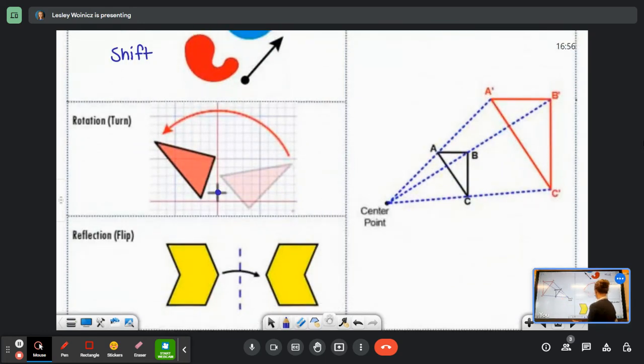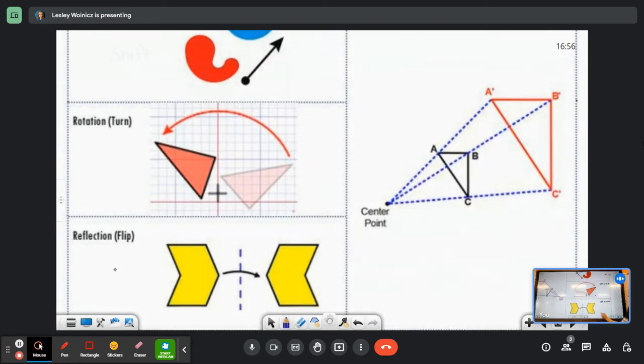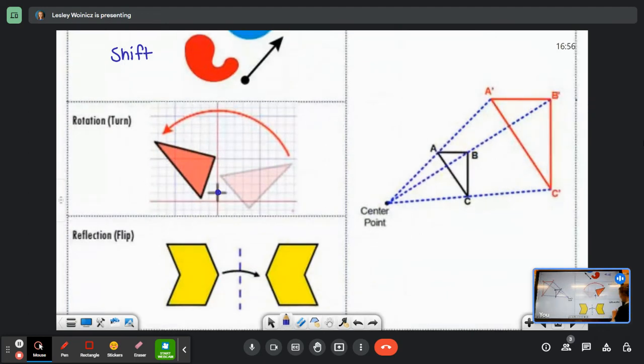Then reflection. We did a lot of this in Algebra 1 too. With our parabolas, we did a lot of reflecting in the x-axis. We did flips in the x-axis. This one looks like it's been flipped in the y-axis, but you should be familiar with the idea.